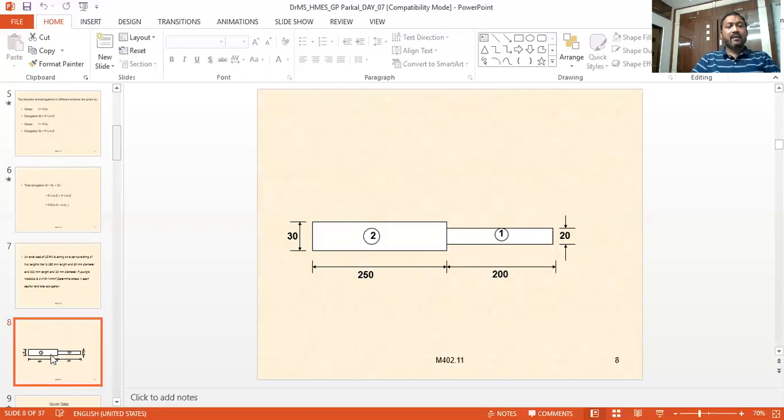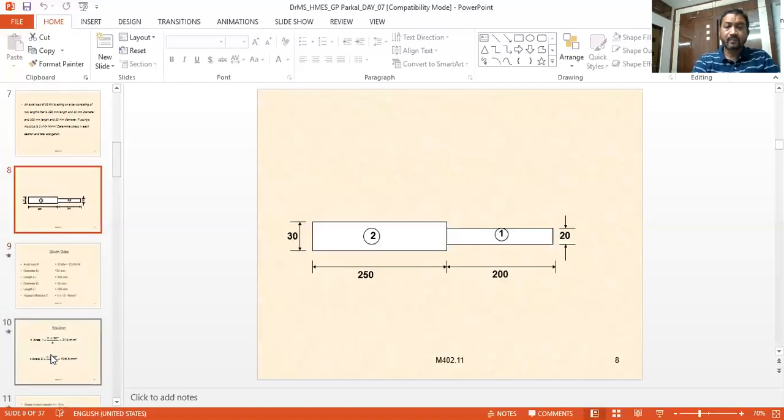Now, based on the problem, this is the figure, this is the bar made up of two sections. Section 1 has a diameter of 20 millimeters over a length of 200 mm, and section 2 has a diameter of 30 millimeters over a length of 250 millimeters.